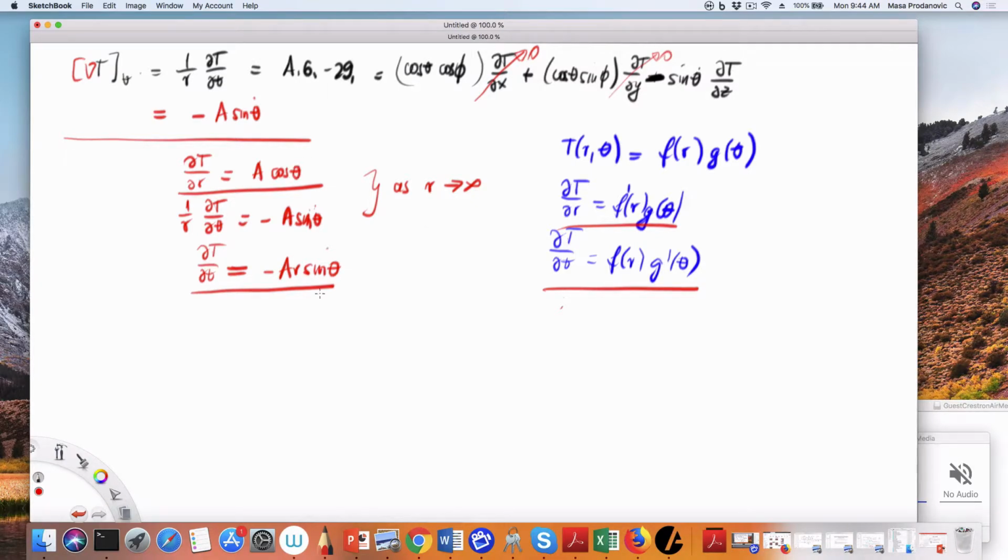And I have cosine theta and minus sine. This is essentially g prime of theta for g being cosine. Okay? So essentially I can assume T of r theta is f of r cosine theta. Because r is changing, tends to infinity, so it's dangerous to assume f of r, okay?